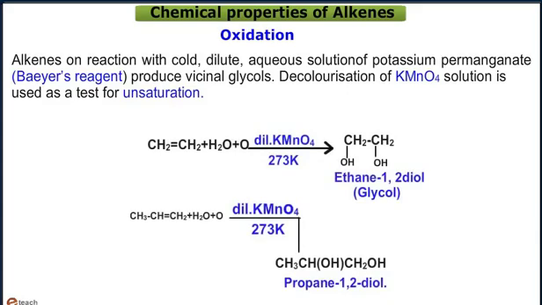Consider the reaction CH2=CH2 plus H2O plus O in presence of dilute KMnO4 at 273 Kelvin gives CH2OH-CH2OH, that is ethane-1,2-diol, that is glycol. And also the reaction CH3-CH=CH2 plus H2O plus O in presence of dilute KMnO4 at 273 Kelvin gives CH3CHOH-CH2OH, that is propane-1,2-diol.